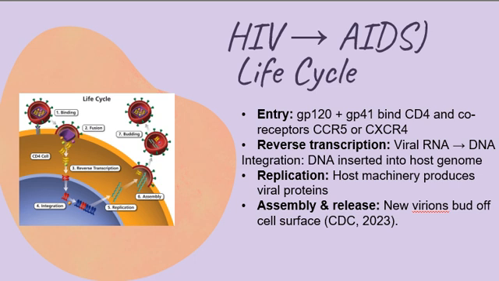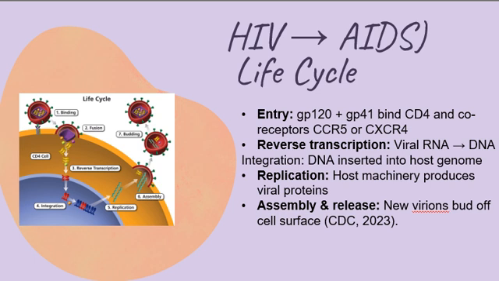Coming to the HIV/AIDS life cycle, it explains why this virus is both persistent and difficult to cure. Infection begins when GP120 binds to CD4 receptors and co-receptors on the host cell. GP41 then helps the virus fuse with the cell membrane.